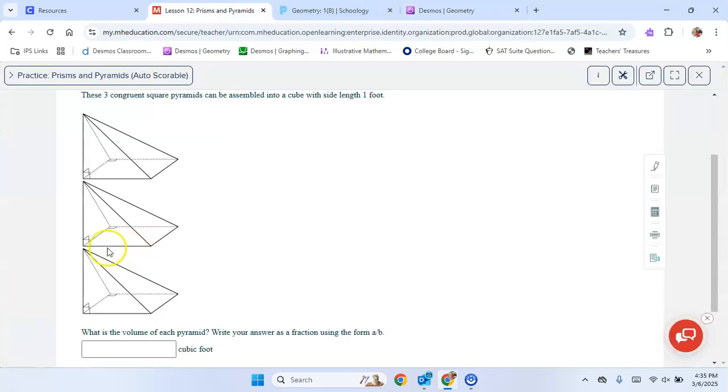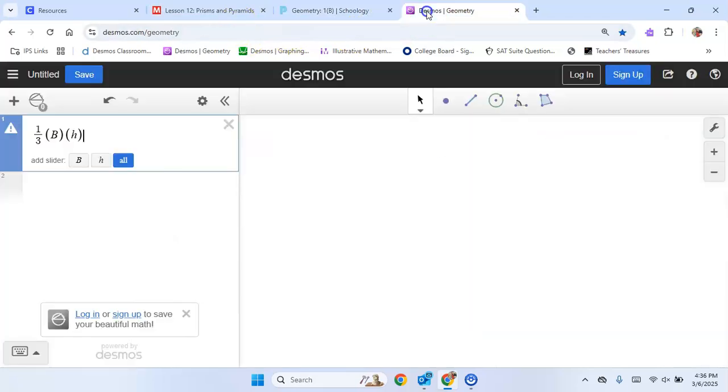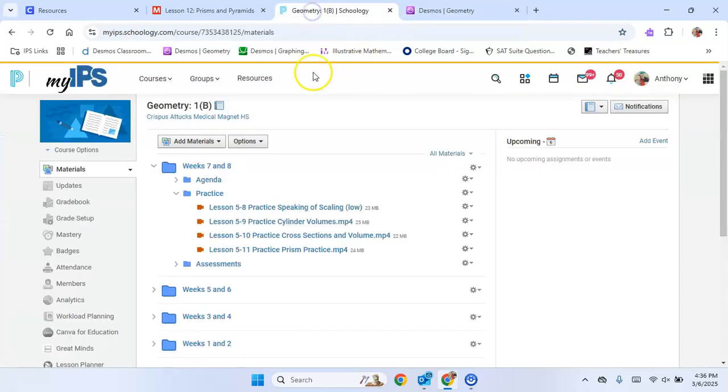And the base would be 1 times 1, which is 1. And the height would be 1. The answer is 1/3 written as a fraction.